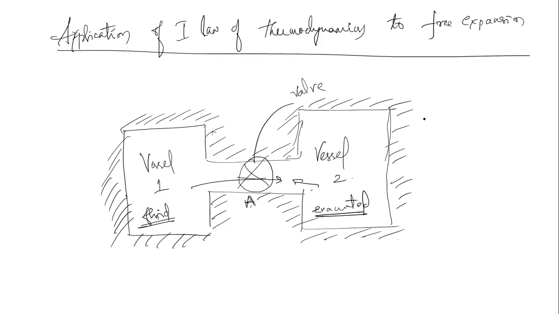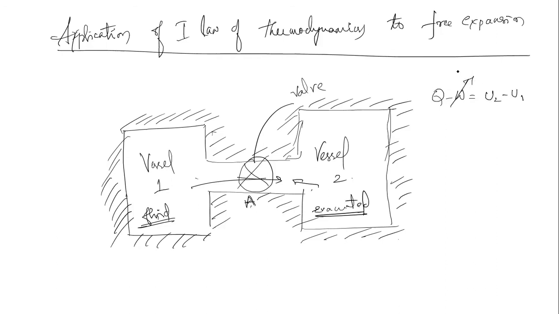Now, if you apply the first law of thermodynamics to the initial and the final state, when all the fluid will occupy vessel 1 as well as vessel 2, Q minus W is equal to U2 minus U1. This is the first law of thermodynamics. In this process, is there any work done except the valve movement?